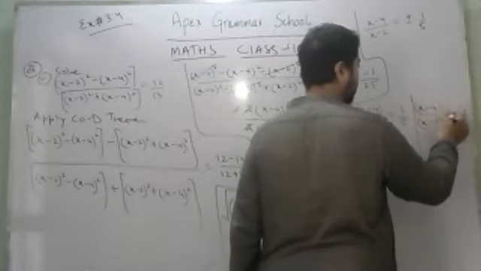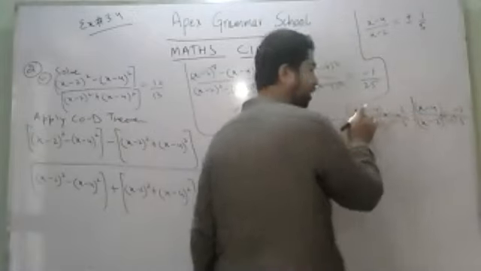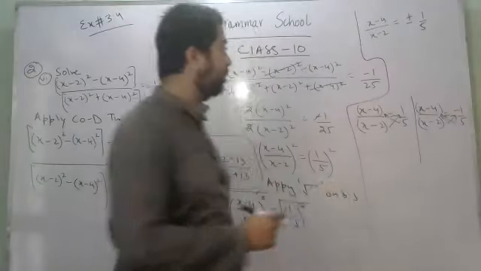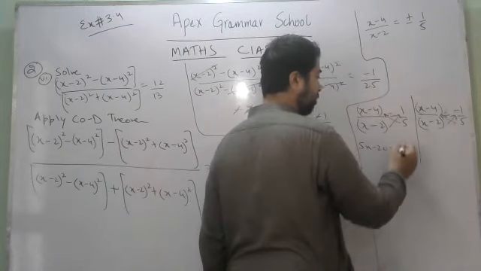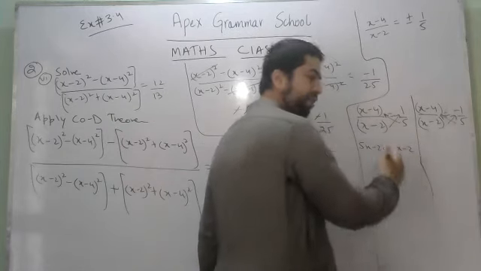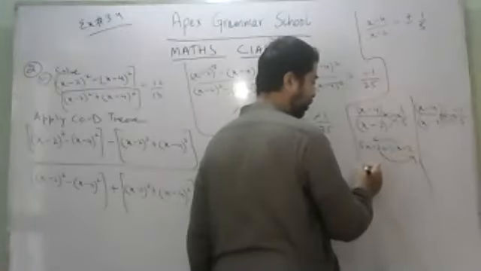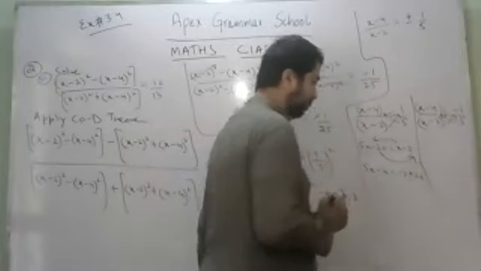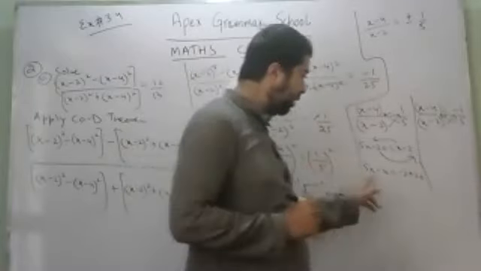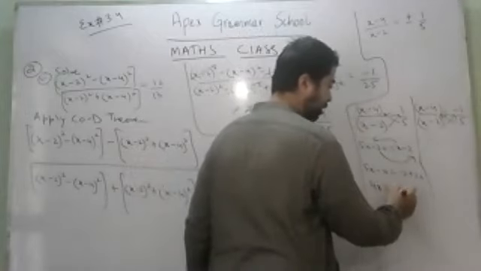Cross multiply them. 5 multiplied by (x minus 4) makes 5x minus 20 is equal to x minus 2. Find the value of x. x will be here, minus 20 will be here. So 5x minus x will equal minus 2 plus 20. 5x minus x will be 4x equal to 18.